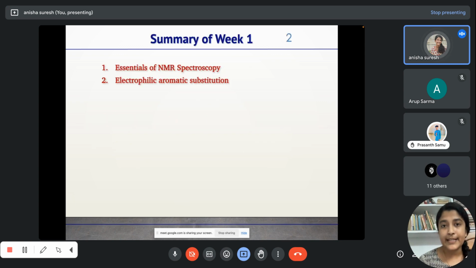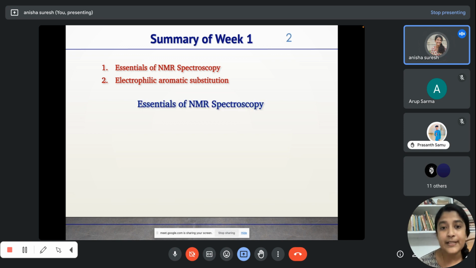Coming to the first session, that is the summary of week one. Here we have discussed two concepts, that is essentials of NMR spectroscopy and electrophilic aromatic substitution reaction.